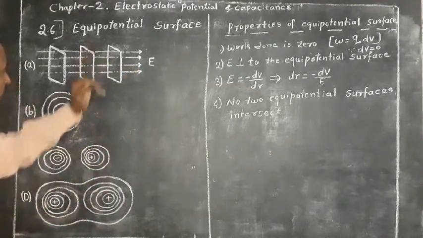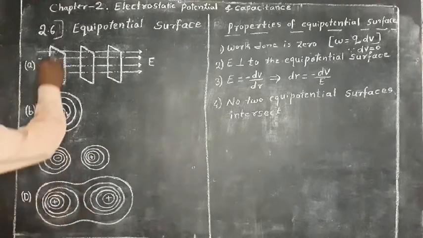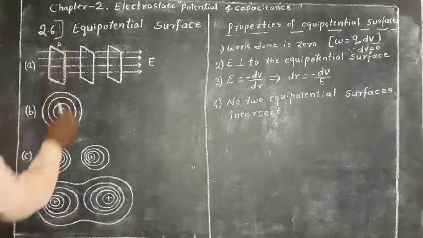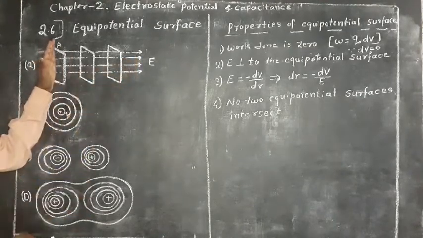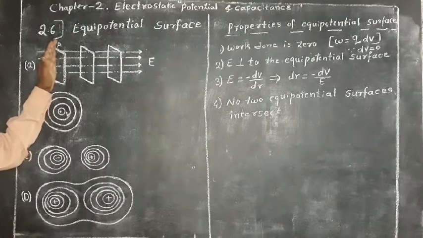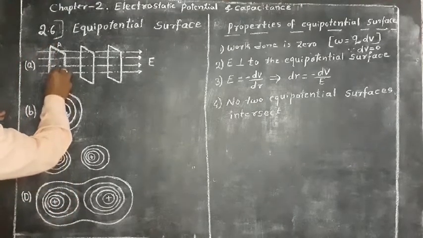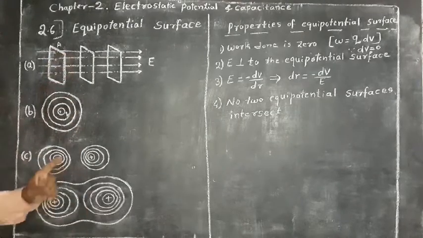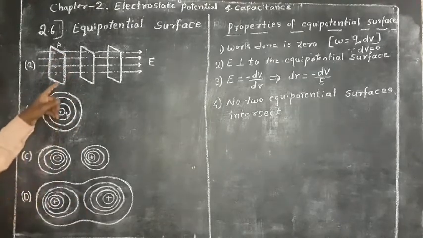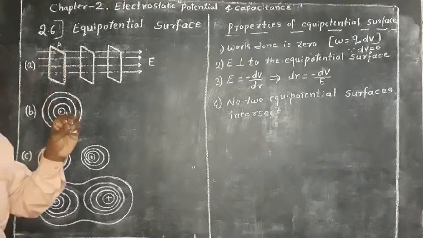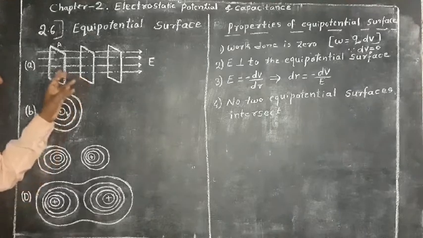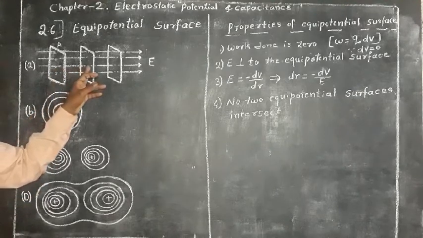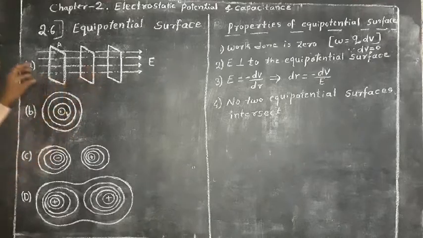And in a uniform electric field, if a surface is kept perpendicular to the direction of the field, then the potential at any point on this surface is the same. Therefore, surface A is said to be an equipotential surface. Similarly, here the electric field changes because the charge is at some position.